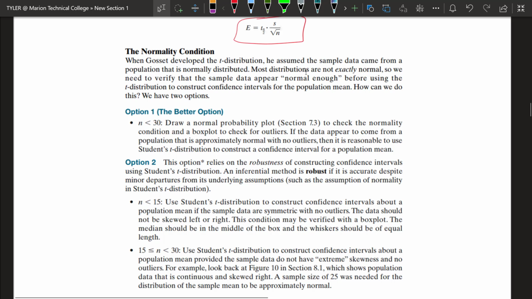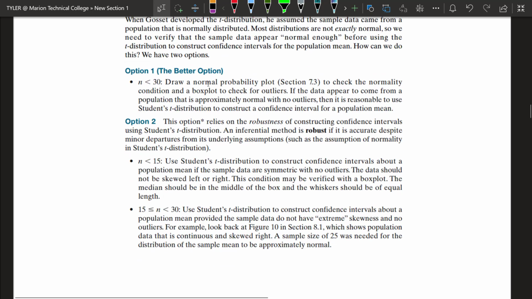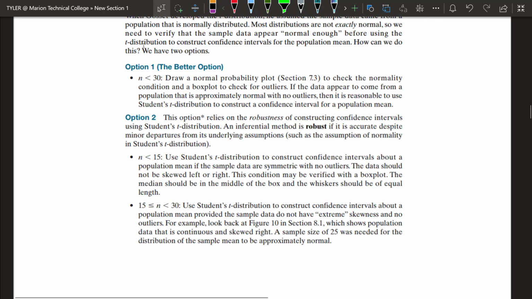But most distributions are not exactly normal, so we need to verify that the sample data appears normal enough before using the t-distribution to construct confidence intervals for the population mean. So we have 2 options to do this. The first option is the better option. Remember that if n is greater than or equal to 30, then we're good, right?